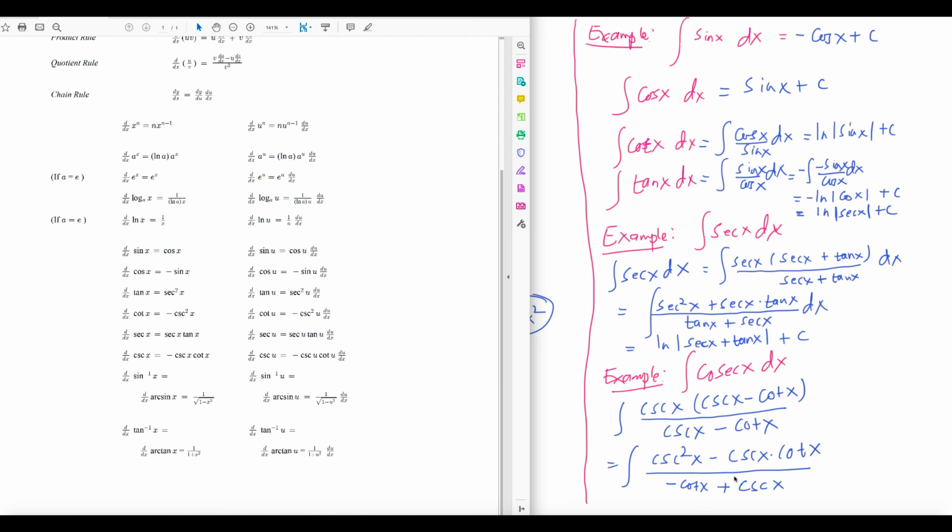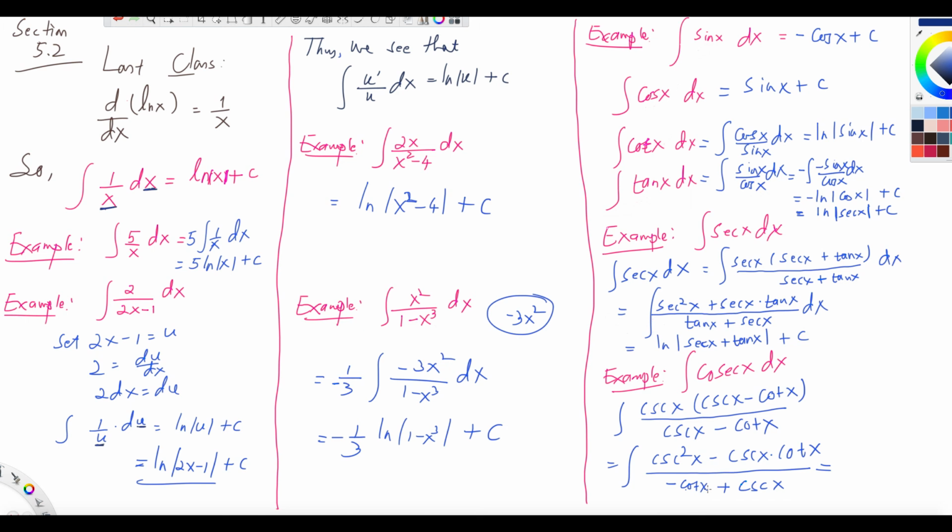And what is the derivative of cosecant x? The derivative of cosecant x is negative cosecant x times cotangent x, right? So what is the final answer here then? Here also the derivative of the denominator function is the numerator function. So you can write natural log of cosecant x minus cotangent x plus c. When I write the final answer, I can write this one first and this one second.